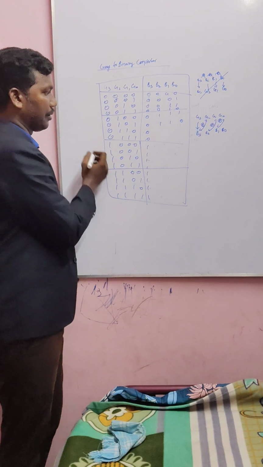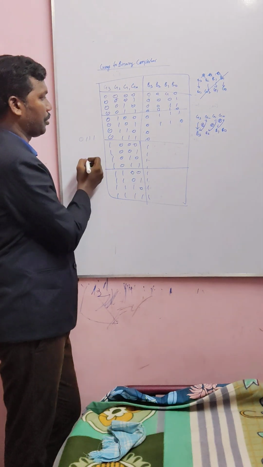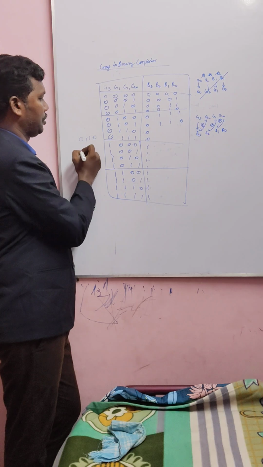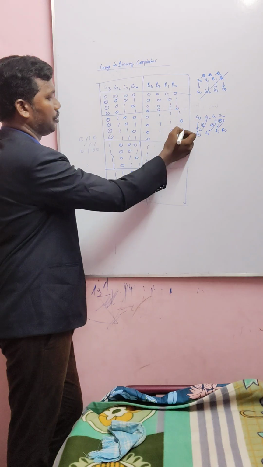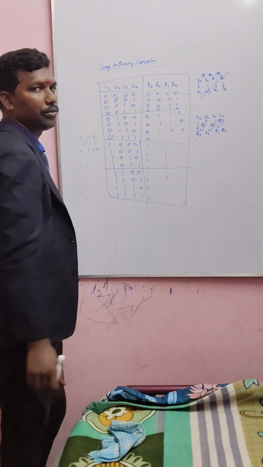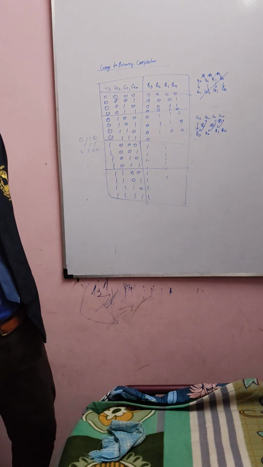The same way for all the cases. Do it, no problem at all. 0 1 0 0, so 0100. Just practice with all the numbers.